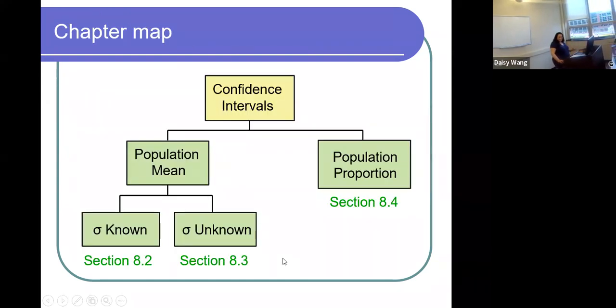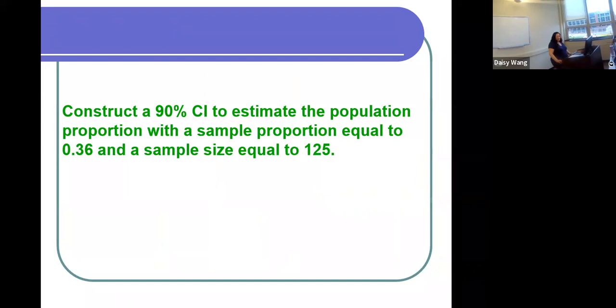Okay, so that's it. Any questions? So this is just some calculation. For a 90% confidence interval estimate of the population proportion, the sample proportion is 0.36 and the sample size is 125. So how do we calculate that? So that's 10%.